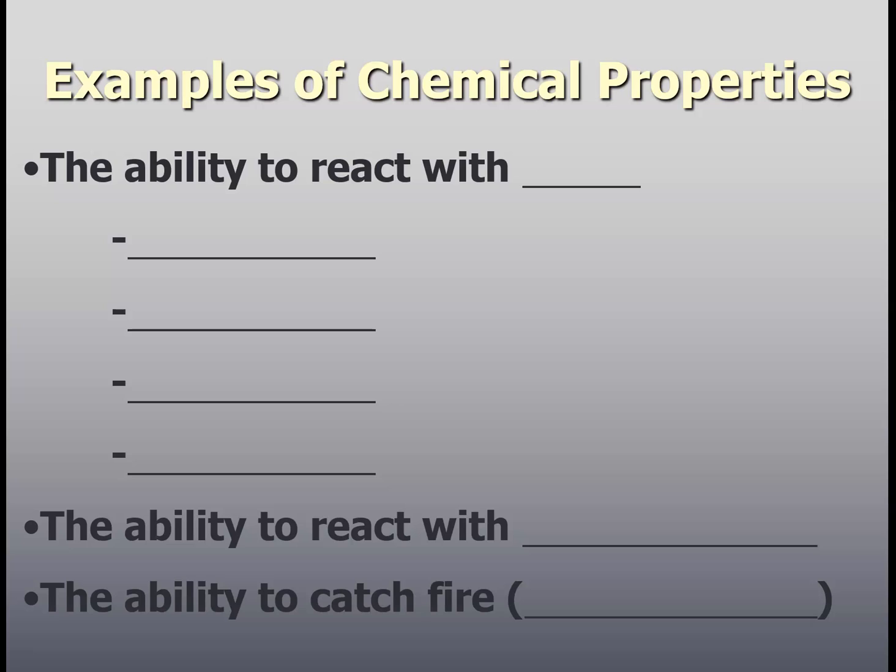Let's examine examples of chemical properties. The ability to react with air is definitely a chemical property. Some of the words that go along with reaction to air are rust. Iron rusts with air. Tarnish. Silver will tarnish when exposed to air.